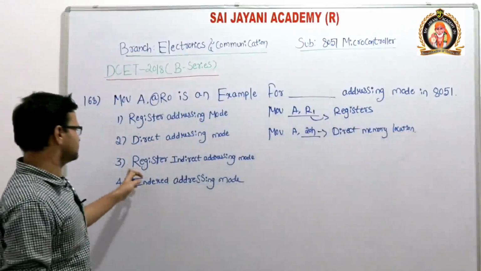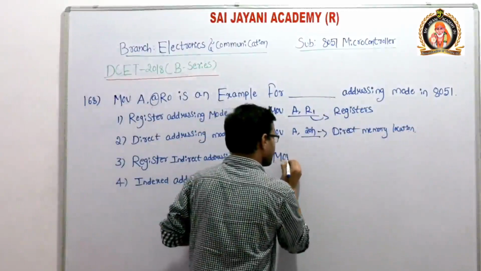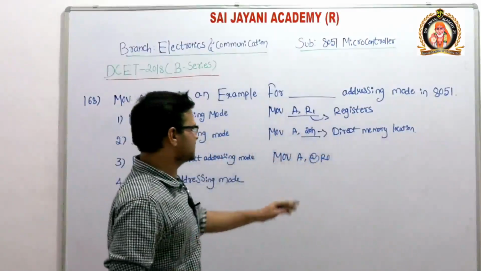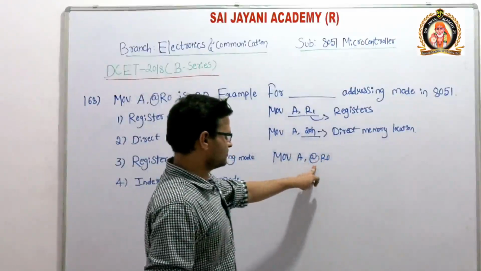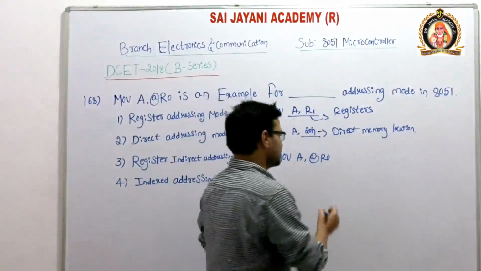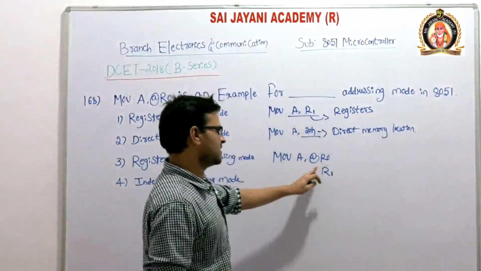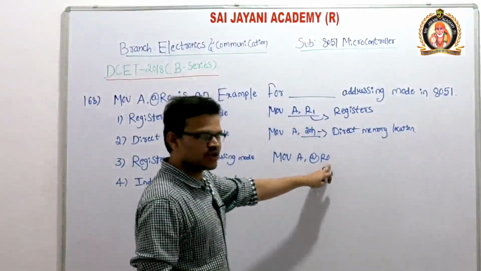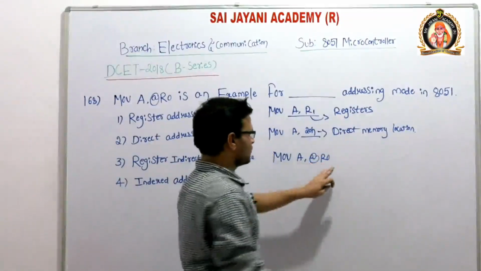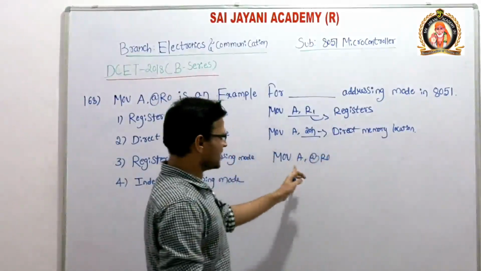In the third option, register indirect addressing mode, we use the at symbol for the register. The register must be R0 or R1. That means the content of the memory location addressed by the register R0 is copied into the accumulator.